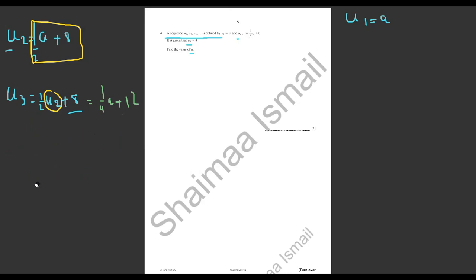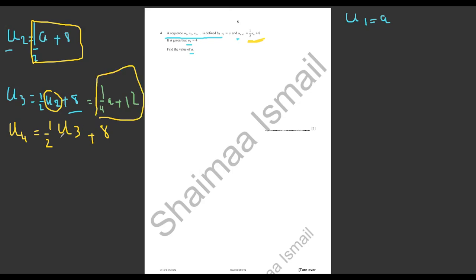Then we apply it for u4. u4 equals half u3 plus 8, by the rule, where u3, the third term, is equal to a quarter a plus 12.